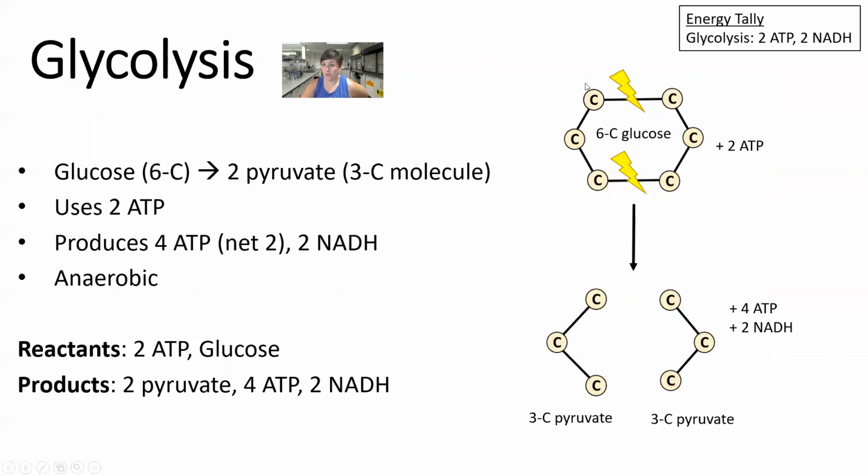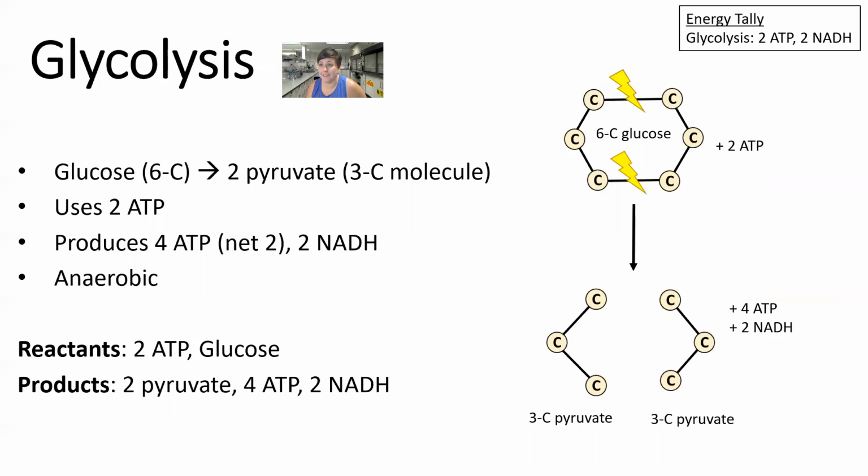So in order to break the 6-carbon ring into 2 3-carbon molecules, we have to break 2 bonds. So what I want you to do now, to do these calculations, is every time you notice we break a bond, think about that bond breaking, releasing 1 electron.